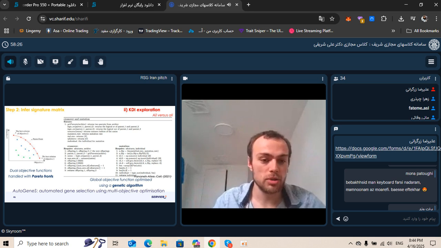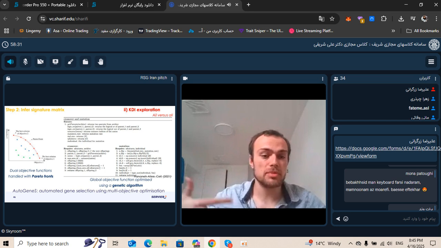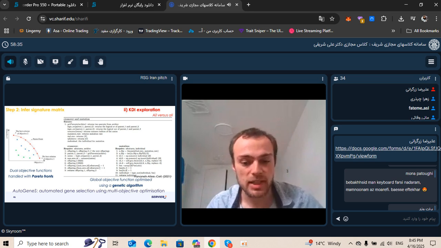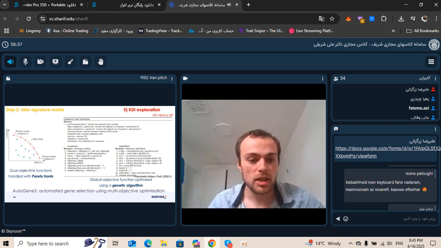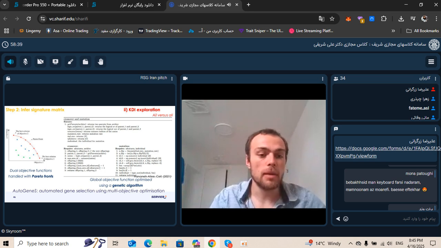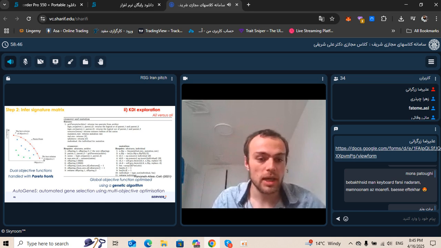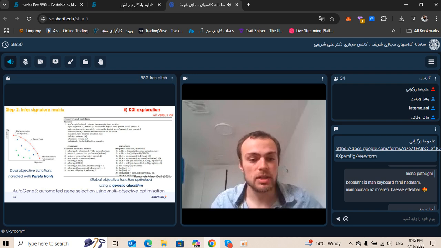One way is to integrate different metrics and to optimize for different metrics simultaneously. This is something, for example, that has been done by AutoGene-S. In AutoGene-S, you try to minimize the correlation between your cell profiles, as computed by Pearson correlation score, and to maximize the distance between the centroids, so the mean expression profiles, of your cell populations.